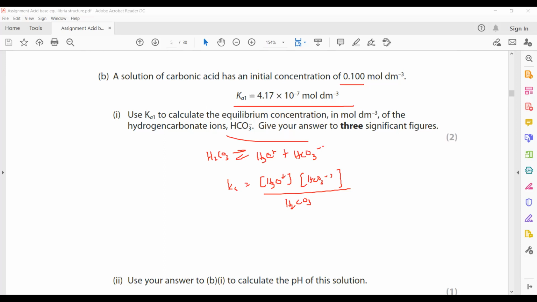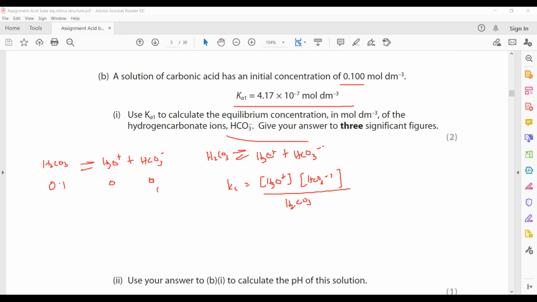Now what is our assumption here? Because we have H2CO3 dissociating into H3O+ and HCO3-. The original concentration for H2CO3 was 0.1, so this was 0 and 0.